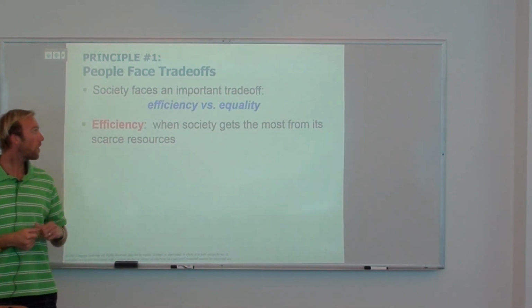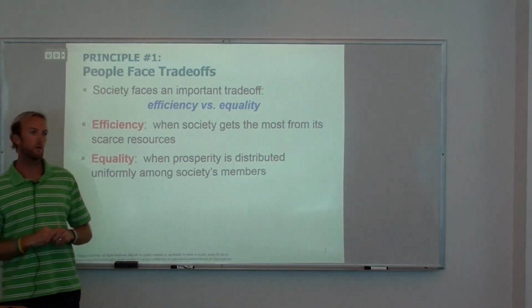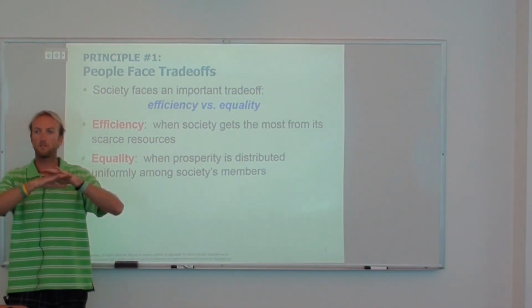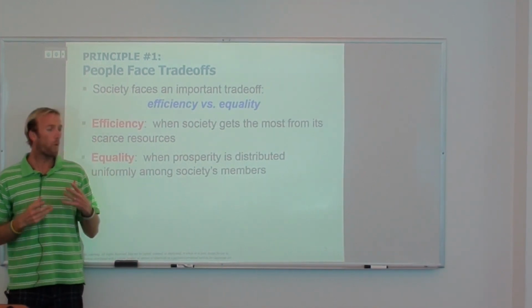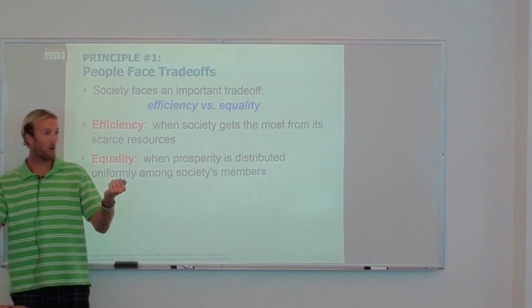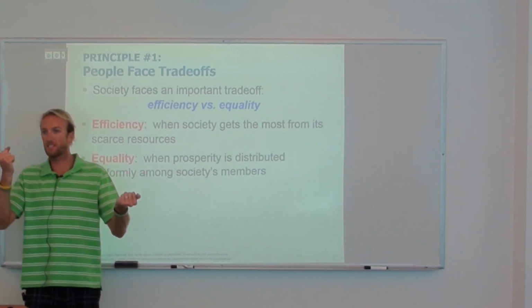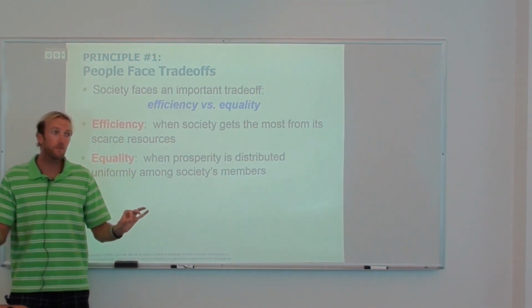And equality, on the other hand, is when prosperity is distributed equally among people. Now, at first blush, you might think, why is this a trade-off between efficiency and equality? You might not necessarily think that those are mutually exclusive, and it's true that they're not.